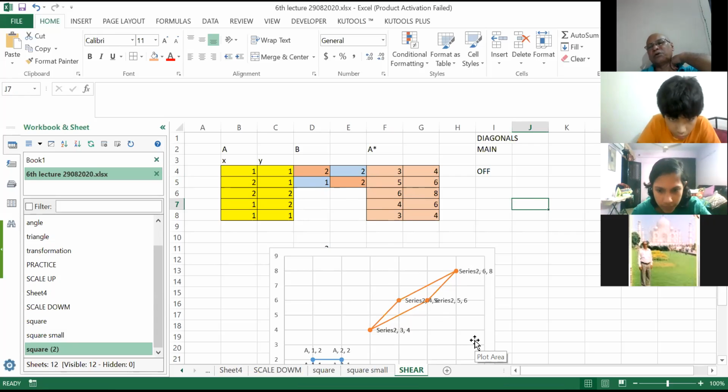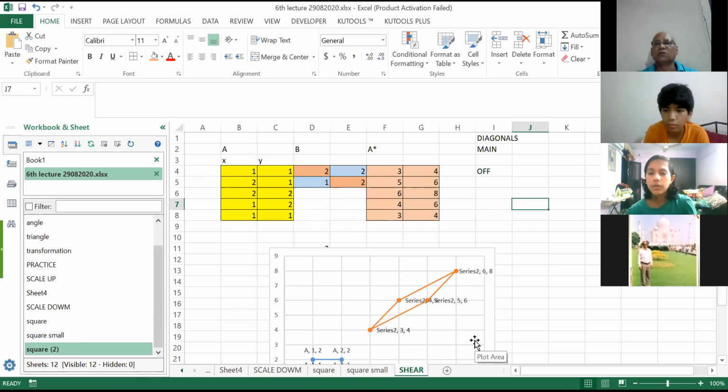Main diagonal is for scaling. You can write down some notes for the future, because there are 6 types of transformation. By seeing the elements or changing the elements, you can tell what effect it will have. Main diagonal is for scaling, off diagonal is for shearing.